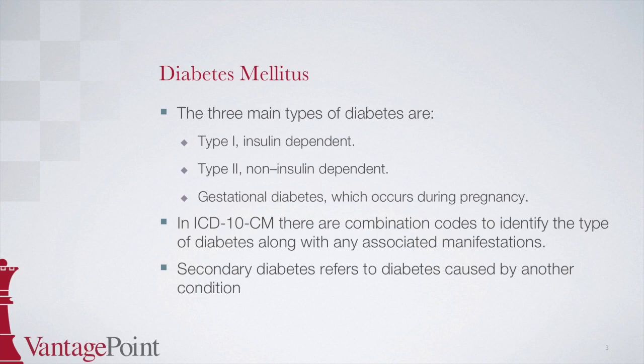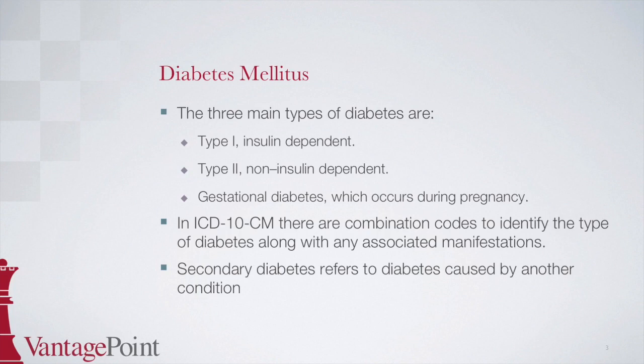The most commonly used diagnoses in this chapter are the diabetes diagnoses. There are 3 main types of diabetes: type 1, which means the patient is insulin dependent, type 2, and gestational, which is diabetes that occurs only in pregnancy.